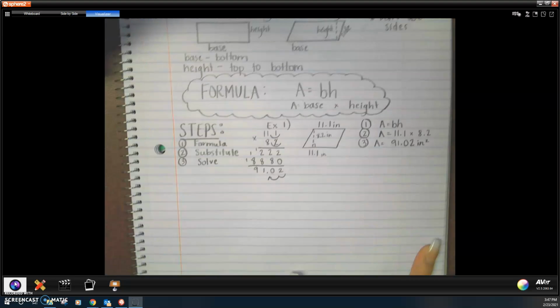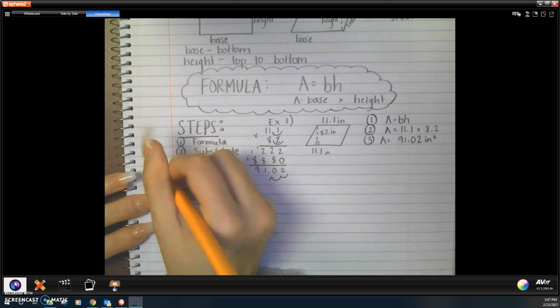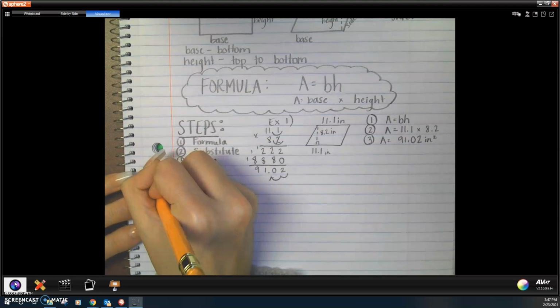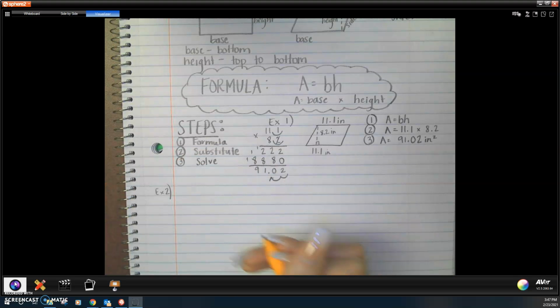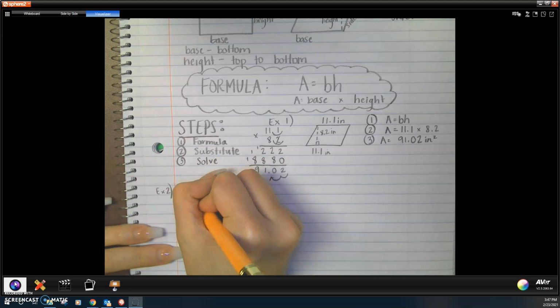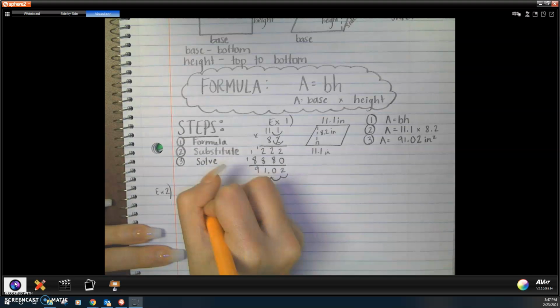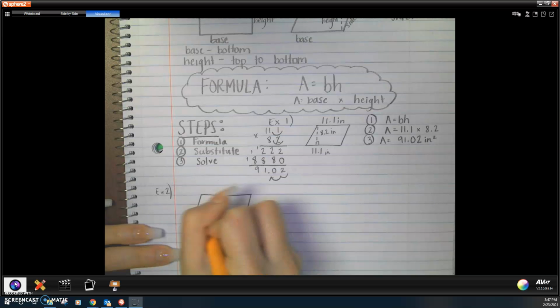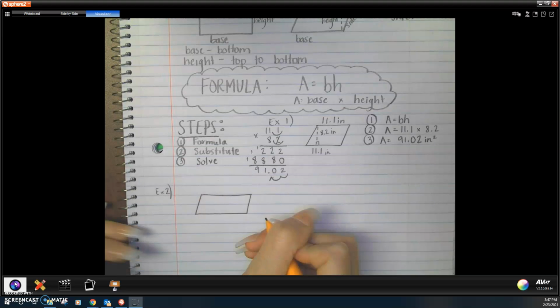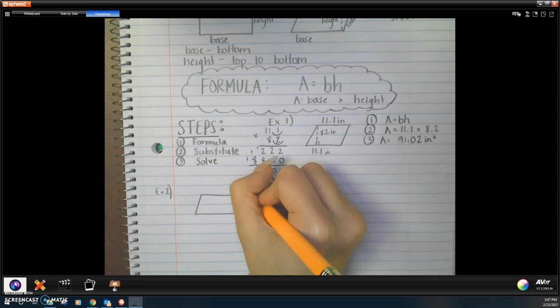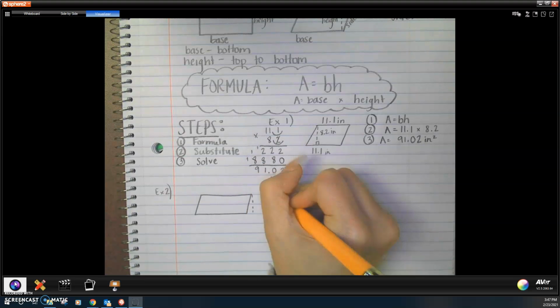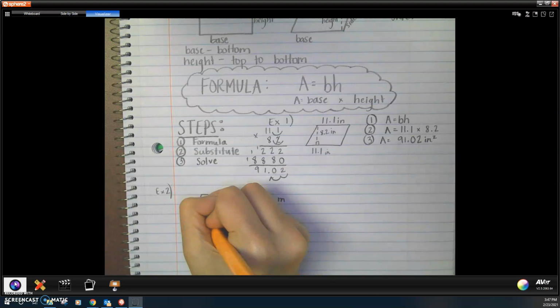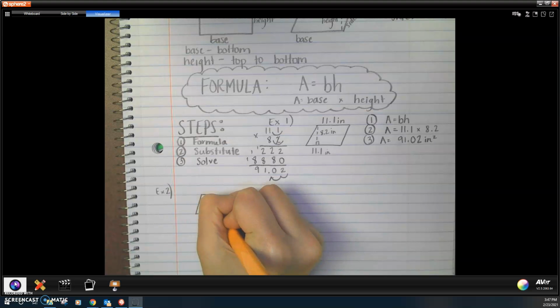Alright, let's try another example. Example 2. I want you to try and do this one on your own. And you can go ahead and pause the video, work it out, and then play it to check your answer. So this is going to be 3.2 meters. The bottom will be 13 meters.